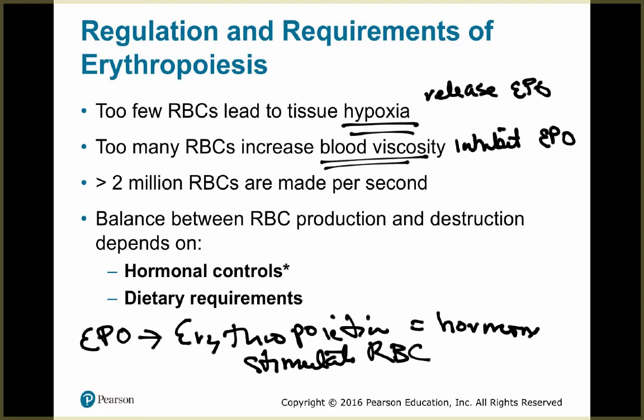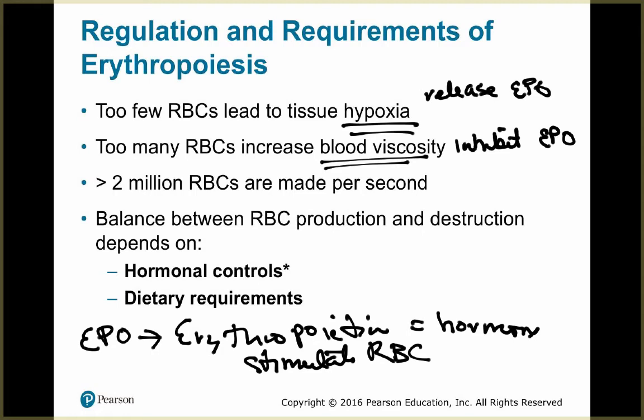Now, on average, 2 million red blood cells are made per second. It's pretty effective. And basically, EPO can help erythrocytes to mature faster. And so not only blood viscosity or hypoxia controls the rate of EPO production, but we're also going to talk about the balance between making red blood cells and destruction, based on both hormonal controls and dietary requirements.